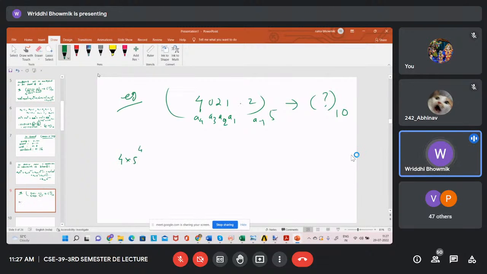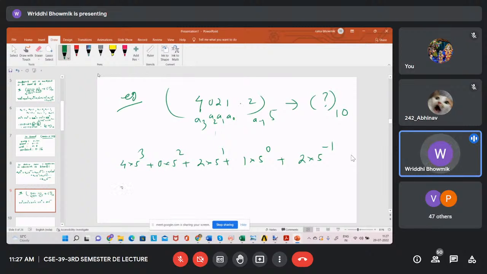Sorry, I am sorry. This is A0, this is A1, this is A2, this is A3. So 4 into 5 cube plus 0 into 5 square plus 2 into 5 to the power 1 plus 1 into 5 to the power 0 plus 2 into 5 to the power minus 1.